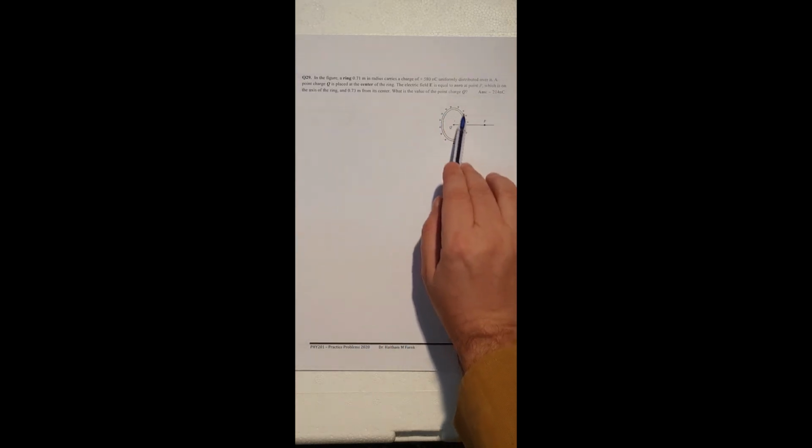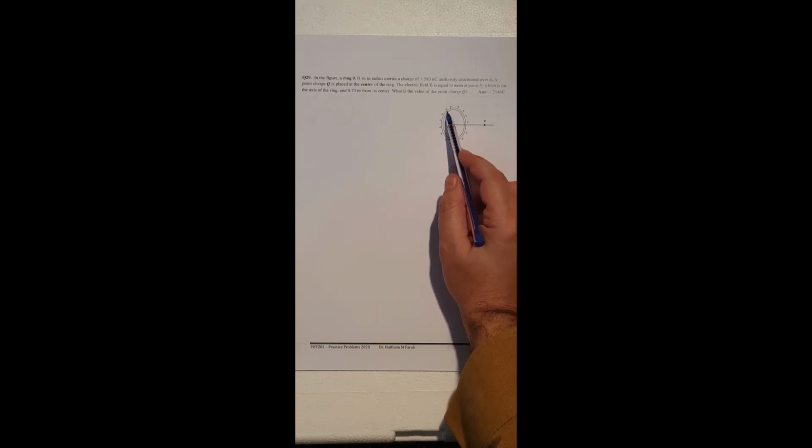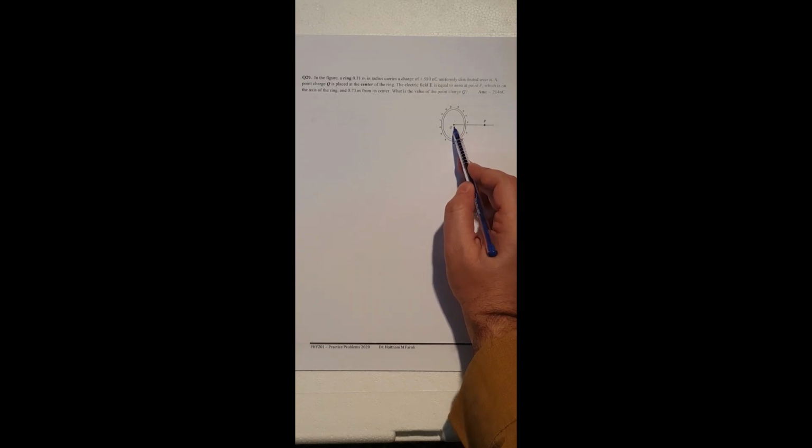So we have the formula for the electric field for the ring only at point P. Now the question says the electric field here total is 0. Why is it 0? Because here we have two charges. We have the ring charge, it has an electric field, and the Q has an electric field as well.